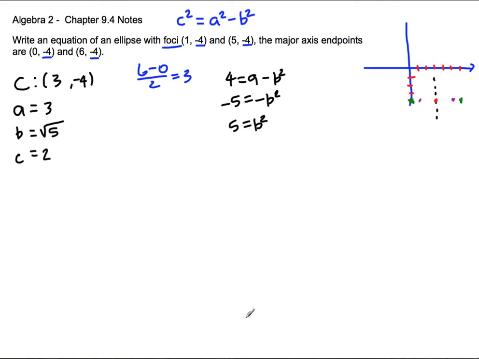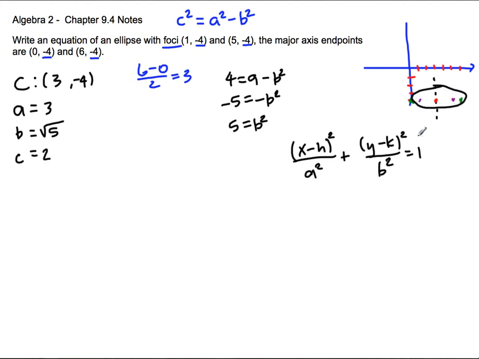No problem. Remember, if I'm going to write an equation, I'm going to have x minus the x coordinate for the center, squared, over a squared, plus y minus the y coordinate for the center, squared, over b squared, equals 1. And I've got all of that information. Notice that this ellipse is going to have a shape that's stretched left and right, which means the larger number goes under x.